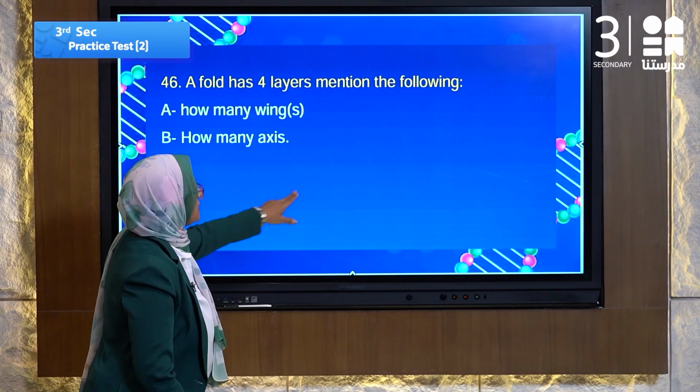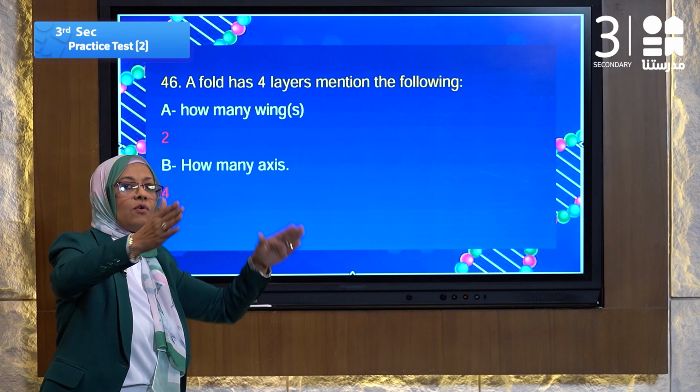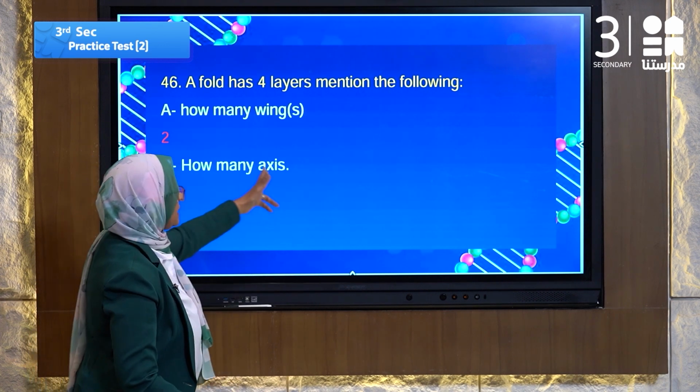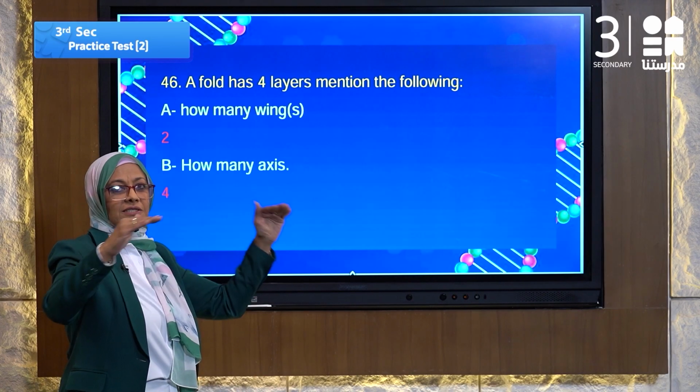How many axes? The fold has 4 layers. How many wings? It has 2 wings. Yes, a fold with 4 layers has 2 wings. How many axes? It has 4 axes. Yes, 4 axes.